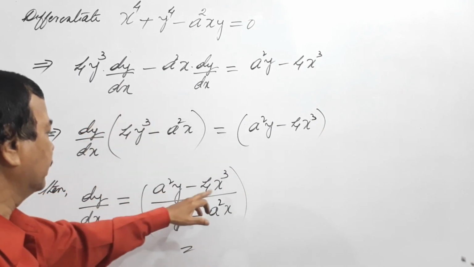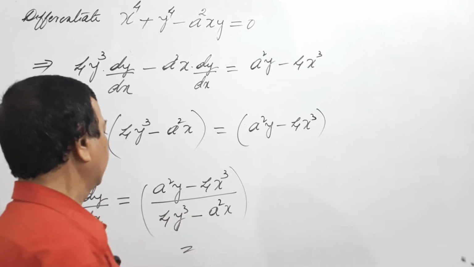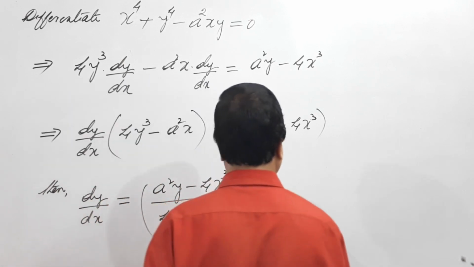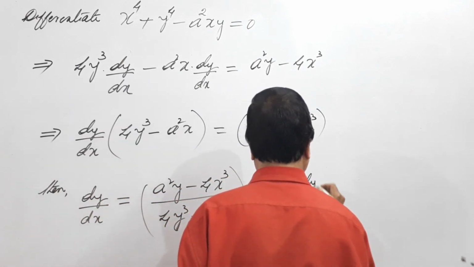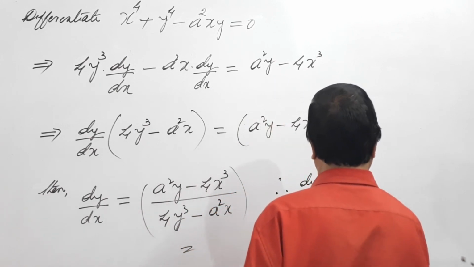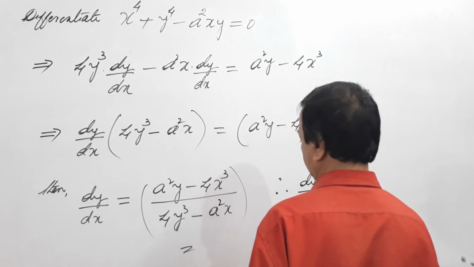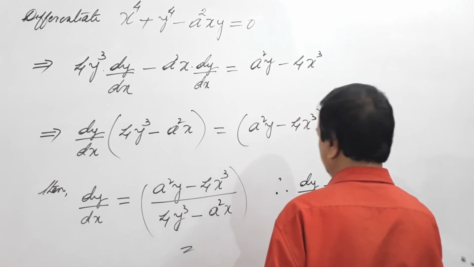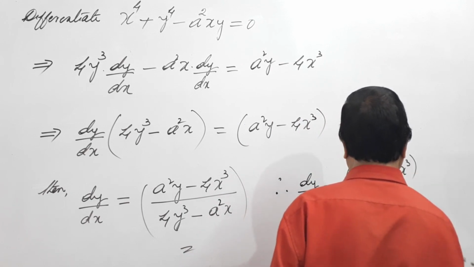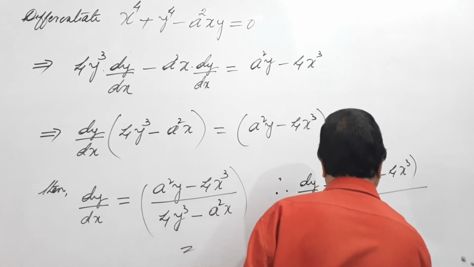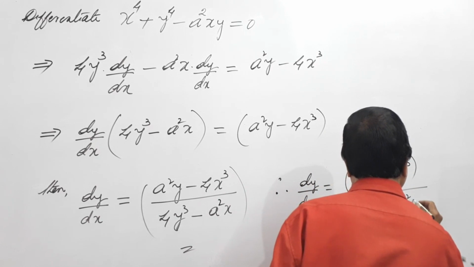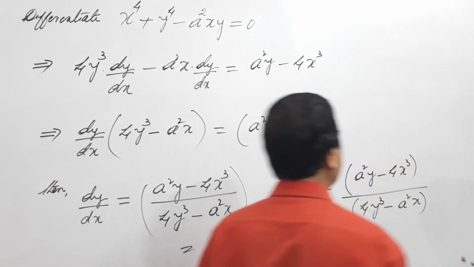I had written cube, so change that. Therefore dy by dx equals a square y minus 4x cube divided by 4y cube minus a square x. This is the required answer.